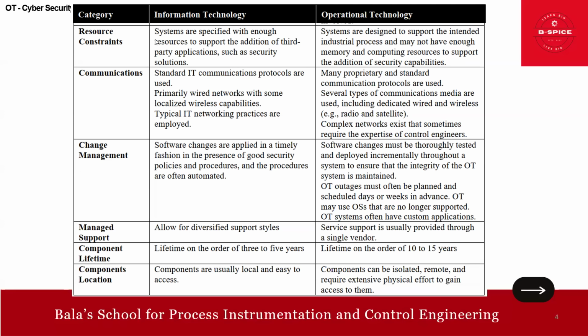So that is the point. From the resource constraint point of view, in IT, systems are specified with enough resources, whereas in OT, systems are designed to support the intended industrial process. We don't have enough memory and computing resources to support the addition of security capabilities. That is the point.